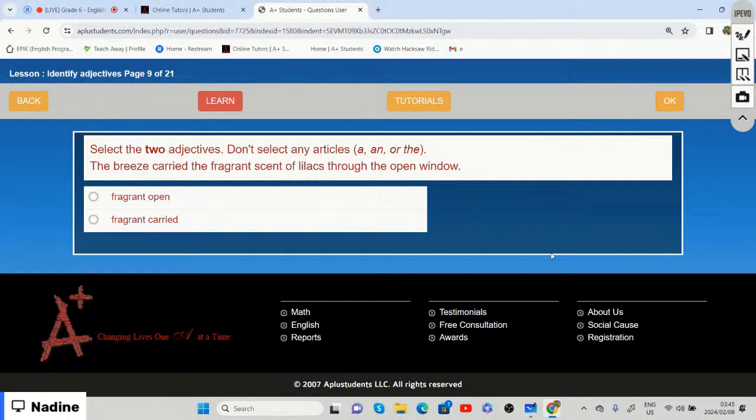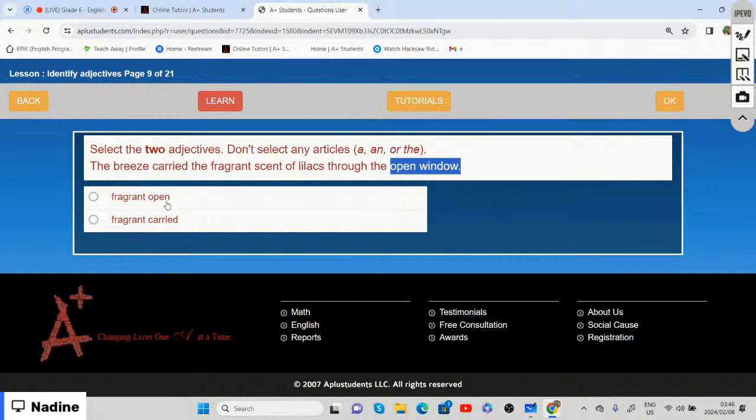And if we select our two adjectives, then we will select fragrant as one because it describes the scent, and open because it describes the window.